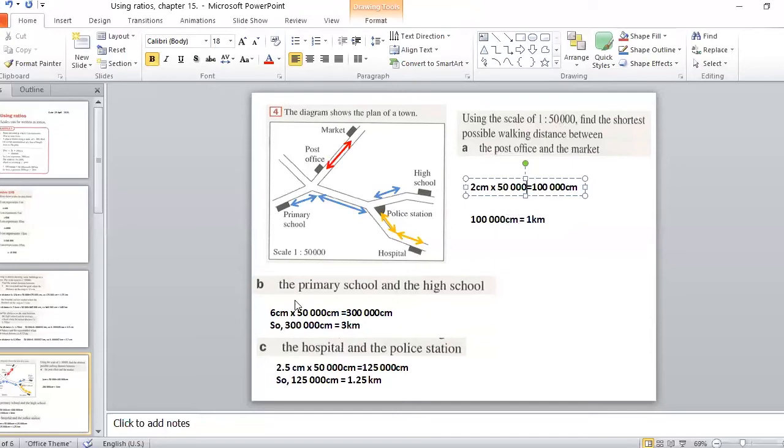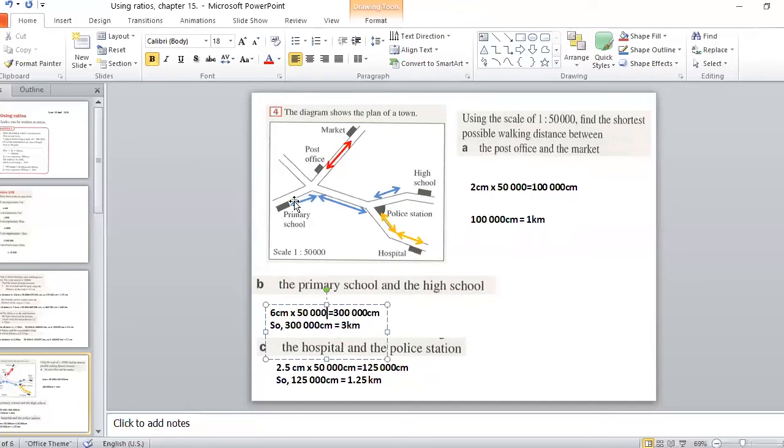Part b asks you to find the real distance between the primary school and the high school, if the distances are shown on the map. First, I measure. I have used these blue arrows to show the distance between the primary school and the high school.